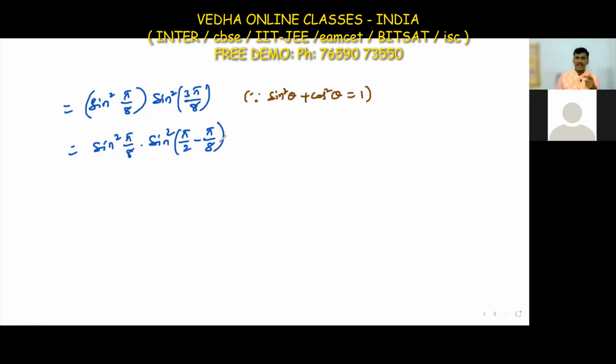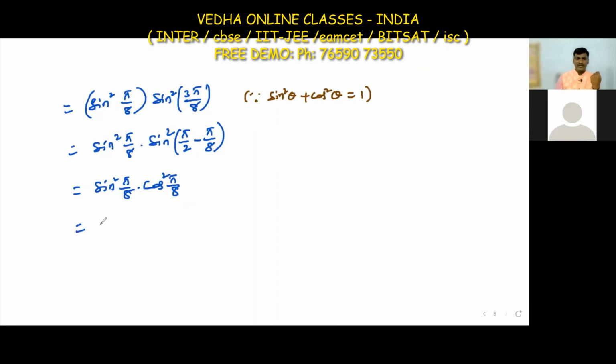Yes, so we can write this. Now sine square of pi by 8 into sine of 90 minus theta. When we have 90 degrees, replace the sine with cos, so we get cos pi by 8. And 90 minus theta, which quadrant? First quadrant, all are positive, so we get positive. The square is as usual.